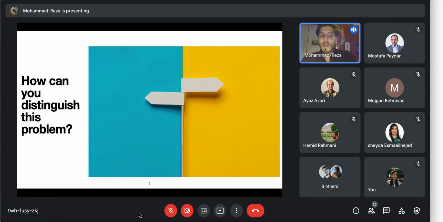How can we distinguish and differentiate between a decision-making problem and an exploratory one? It's very easy based on this picture. If we have at least two ideas, two solutions, two options, we can put this question or problem into the decision-making category.